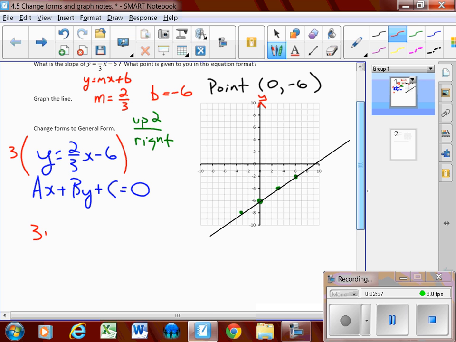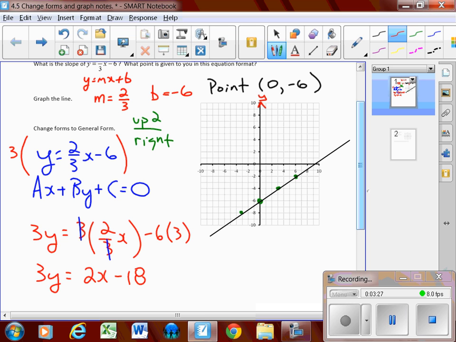So I have 3 times y, 3 times 2/3 x, and -6 times 3. When I simplify, I get 3y equals, and then 3 times 2 divided by 3. The reason we picked times by 3 was because we wanted to cancel those values out. So 3 times 2 divided by 3 still leaves me with 2x, and I have -18.